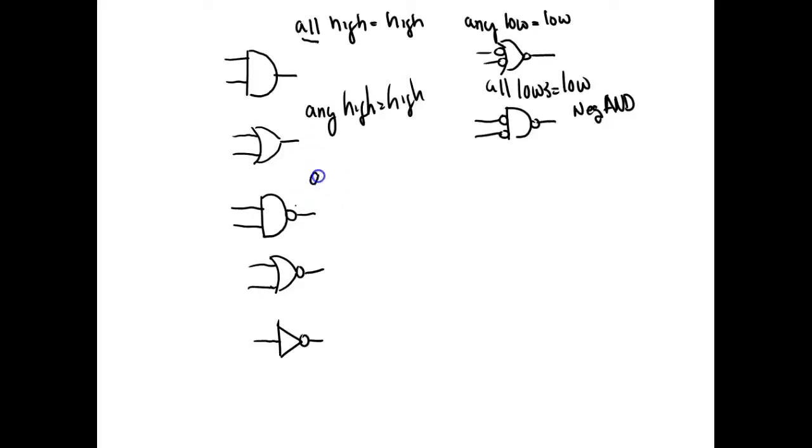So what does this gate say? All highs equal a low. So over here I'm going to say what? Any low equals a high. Any low equals a high.